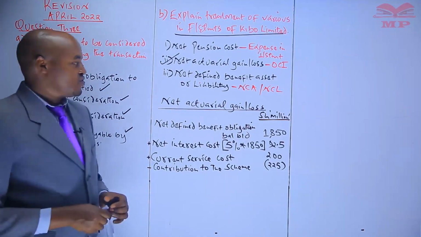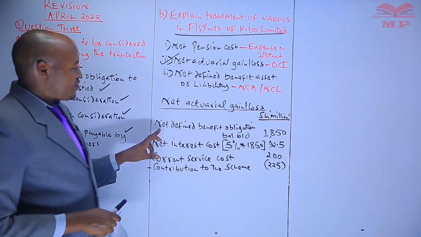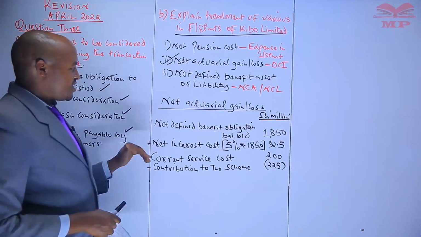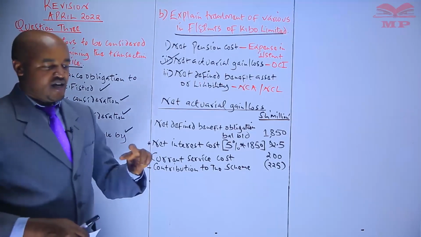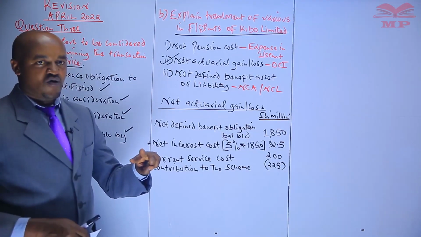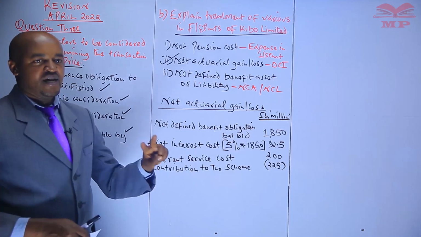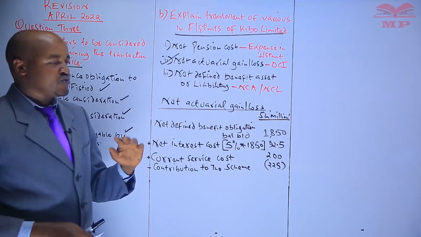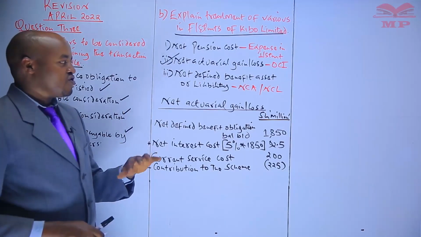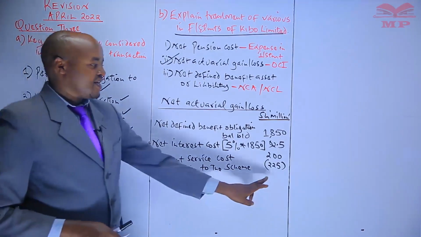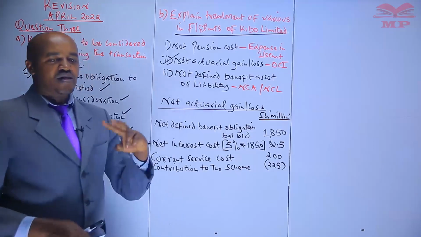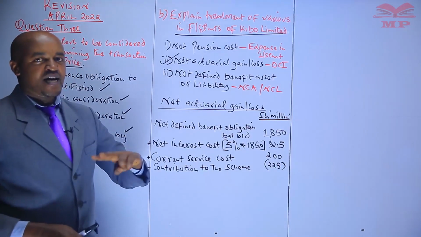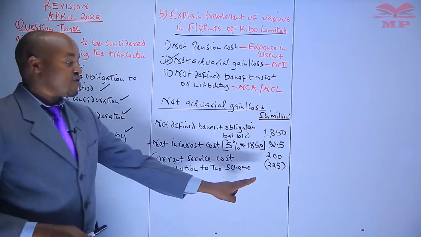Now what you need to note here is that if we are using this particular approach of computing the actuarial gain or loss, whereby we are using the net defined benefit obligation, remember, the net defined benefit obligation is the net amount of the plan asset and the plan obligation. So if we are using this approach to determine the net actuarial gain or loss, we don't less the benefit paid here, because the benefits paid are deducted from both the plan asset and the plan liability. So that one should not be deducted here.